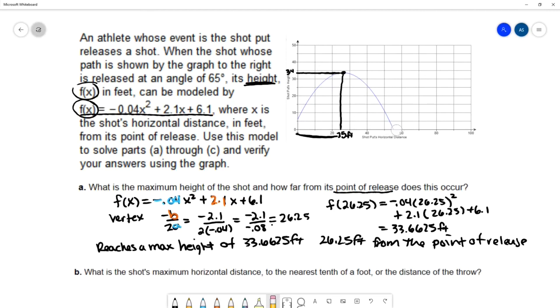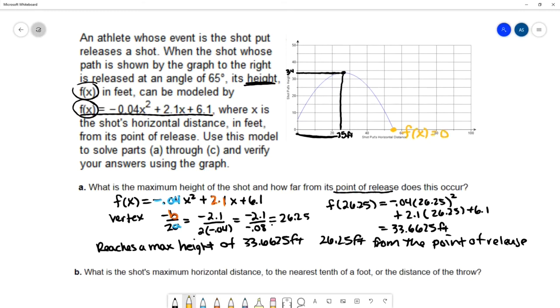If we're going to estimate, it looks like about 55. But we want to find that exactly and not guess from this picture. So we're going to solve it algebraically. The end of our throw is going to be when it hits the ground. That's when the height is equal to 0.